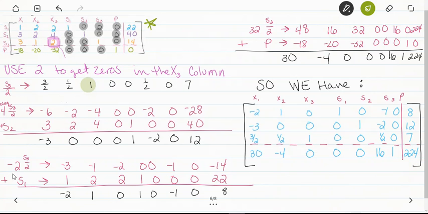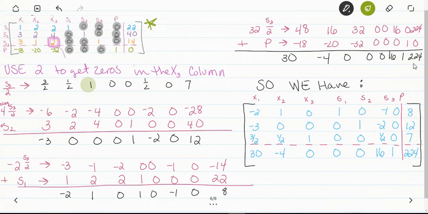I'll multiply my new row 3 by -2 and add it to row S1, and I get a new row 1 of -2, 1, 0, 1, 0, -1, 0, 8. And then last but not least, doing that to the last row, the P row, I'd get a 30, -4, 0, 0, 0, 16, 1, 224.